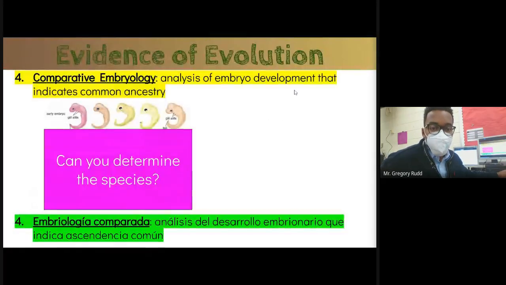Pretty simple. All right, the last evidence of evolution is comparative embryology. So we're comparing the embryos of different species.